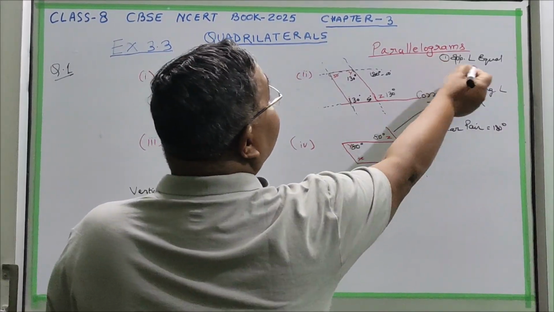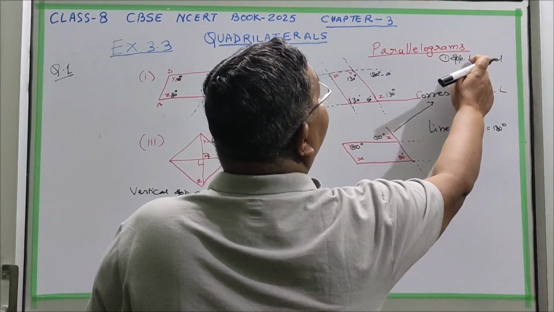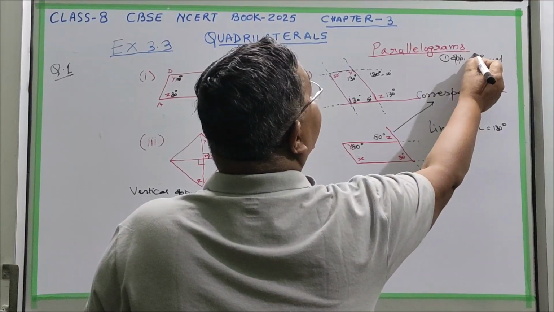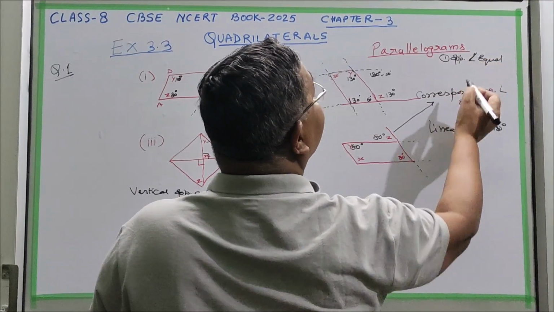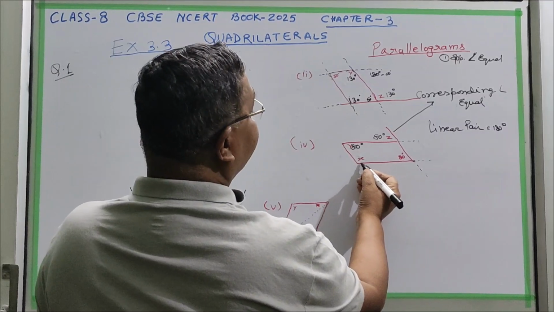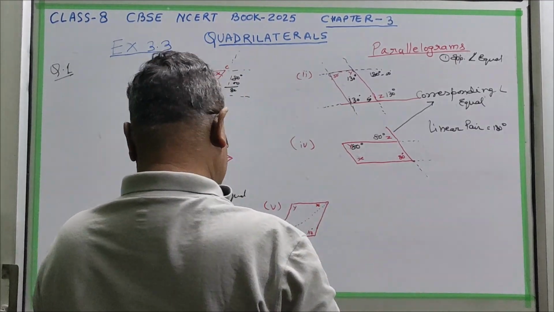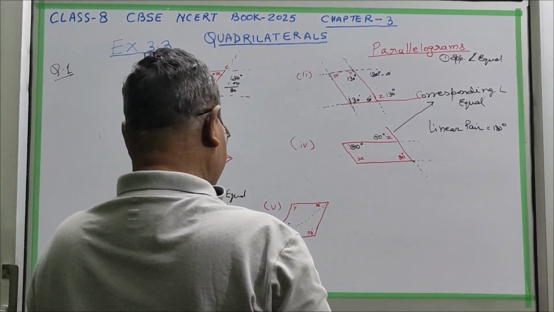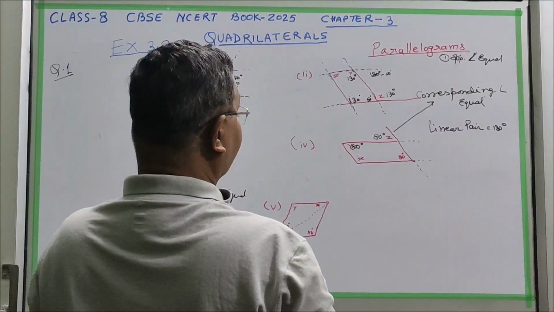Now if it is 80, y will also be 80. Why? Opposite angles are equal. So it will be x, you will say. Now here the value of x you have to find out.